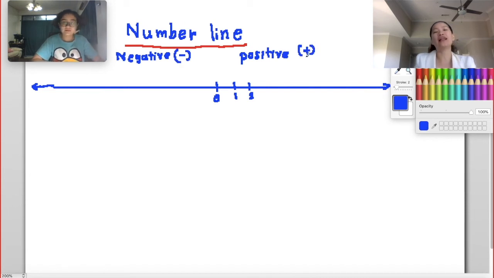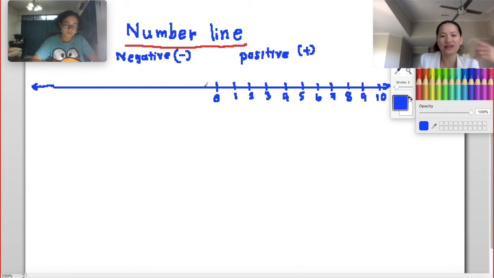I'm going to write down the numbers like this: 3, 4, 5, 6, 7, 8, 9, 10, and I do the same thing on the left side. That is negative numbers. So 0, negative 1.